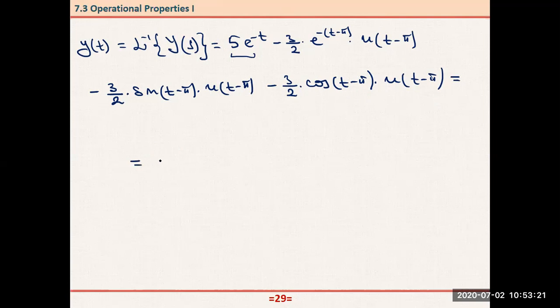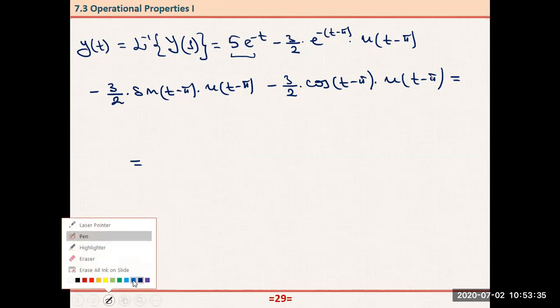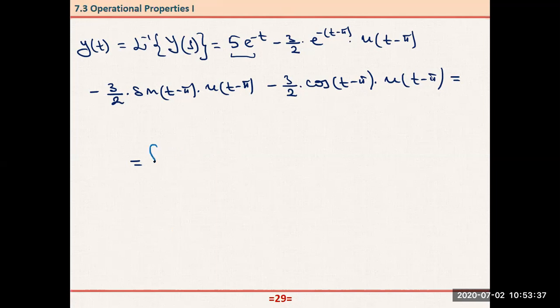That is equal to 5 times e to the power minus t if t is between 0 and pi.